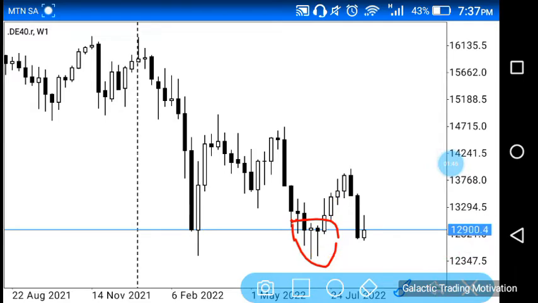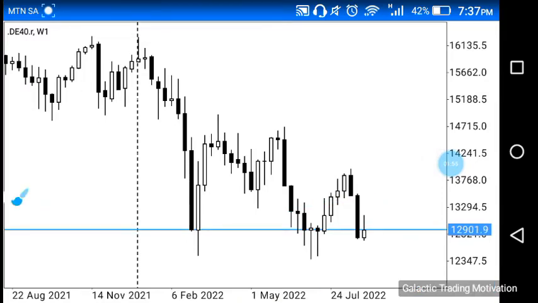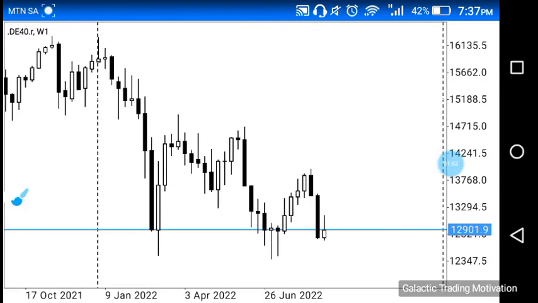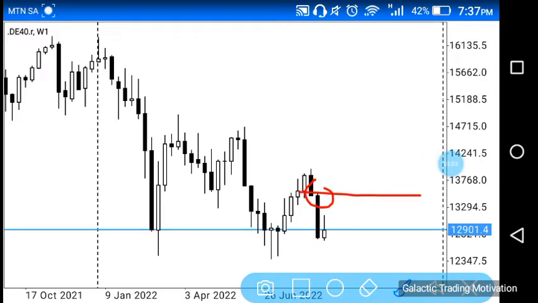So what else do we see on the weekly chart of Dax40 that we should be paying attention to? Let's have a look. We can also see that we had what seems to be a gap in this region, and there may still be a gap at that level. However, that area will be better visible as we head down to the small time frames.